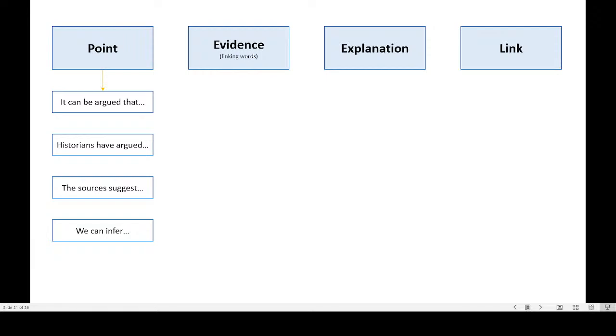These are phrases, and what I do with my students is I get them to print this page out and I get them to glue it into the front of their essay copy. So when students are writing essays, I expect them to look to their formula, how we structure our paragraphs, and I expect them to use phrases like this within that. So each paragraph would start, it can be argued that, historians have argued. That helps students state the main argument of their point.